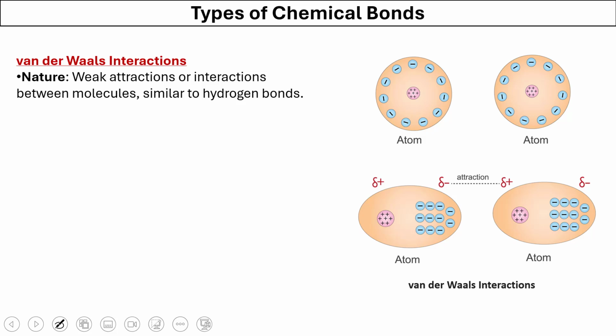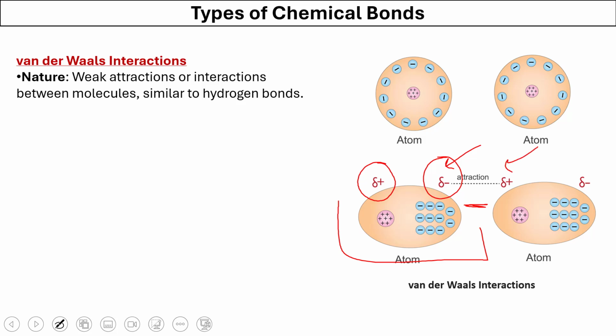Van der Waals forces are also similar to hydrogen bonding. In this also, when a molecule or an atom has charge separation where one end is positive and the other end is negative, you will have some attraction with your neighbors. These atoms will have some attraction because of nature's phenomenon that negative and positive charges attract each other.